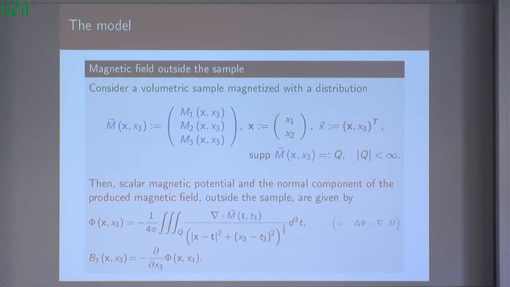The relation between them is given in the form of this integral relation, which follows from the solution of the Poisson equation, which in turn follows from the simplification of the Maxwell equations. So we have this interconnection between the magnetization and the magnetic field. What is measured, as I said, is only the vertical component, so it's the vertical derivative of the potential.